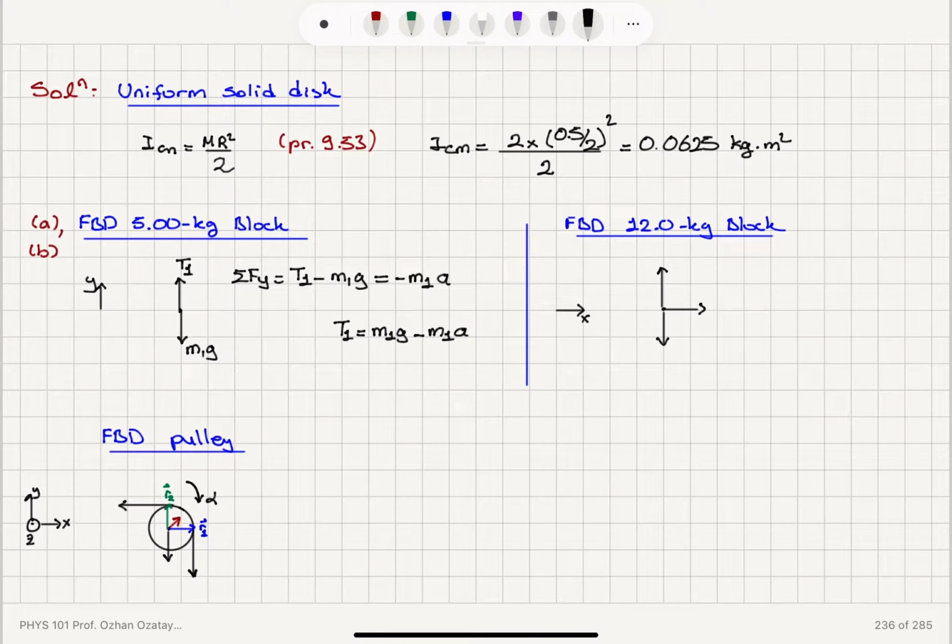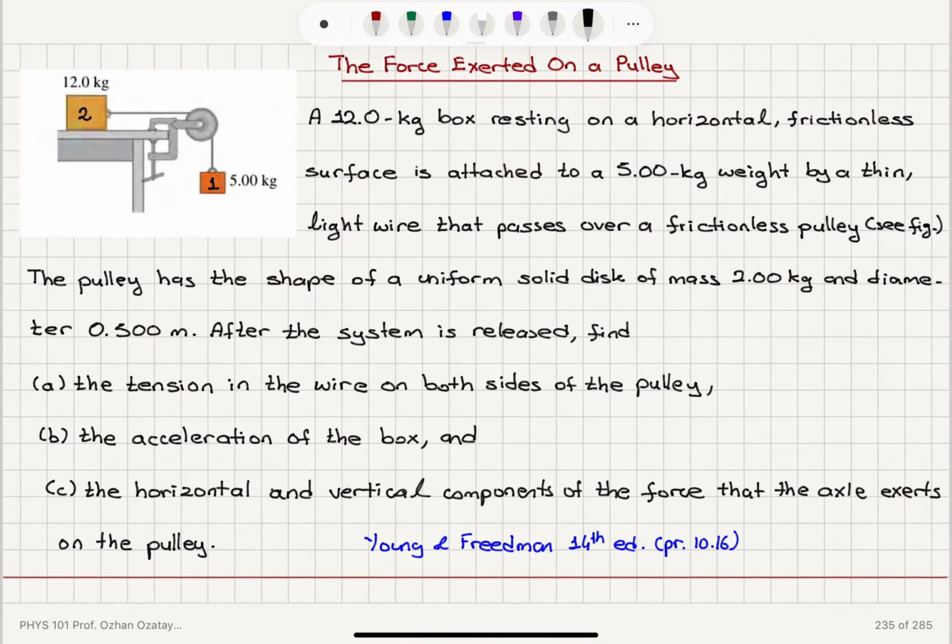Now if we concentrate on the 12 kilogram block, we have the weight of this block, the normal force exerted by the horizontal surface, and the tension on the second wire, that will be T2. There could be friction here, but it's a frictionless surface, so there is no friction.